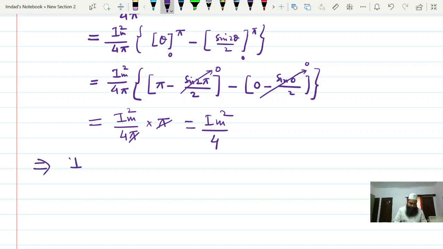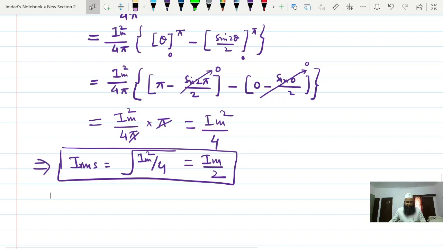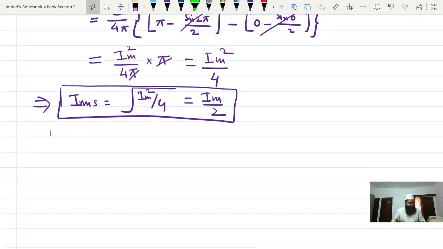Hence IRMS equal to under root Im square by 4 equal to Im by 2. This is the RMS value of the load current.